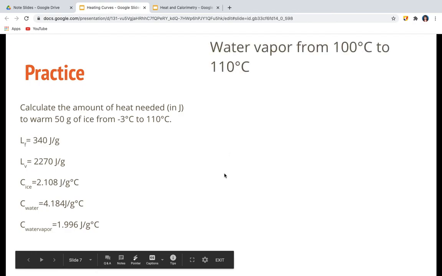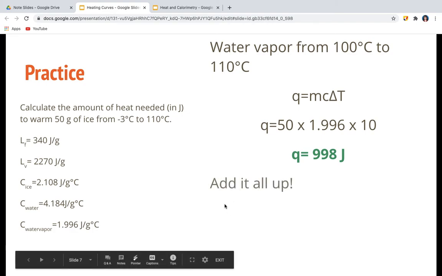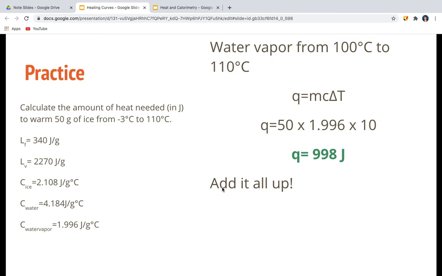And now, last step, water vapor from 100 degrees Celsius to 110. Q equals mc delta T again. We have 50 times 1.996 times 10, for 998 joules. And we're not done yet, because we did those steps all separately. We've got to add them all up to total the amount of heat needed to warm that 50 grams of ice from -3 degrees Celsius to 110 degrees Celsius.